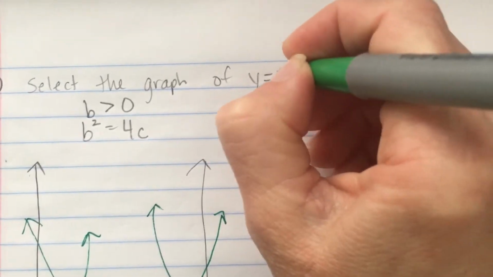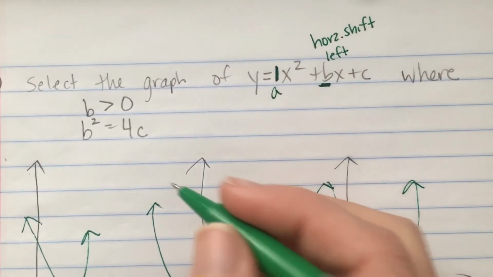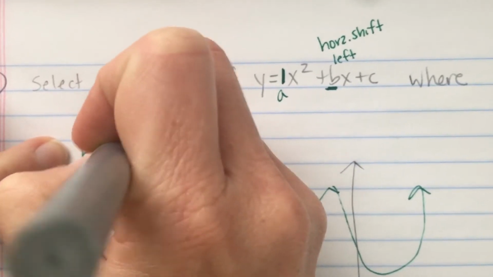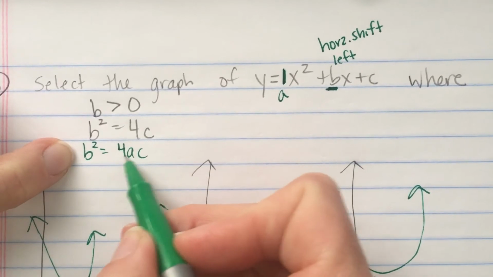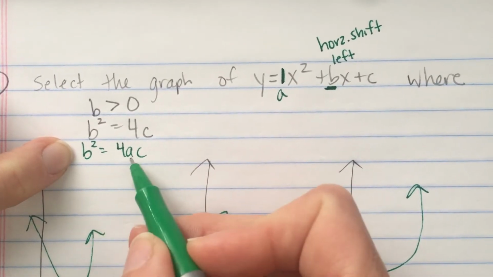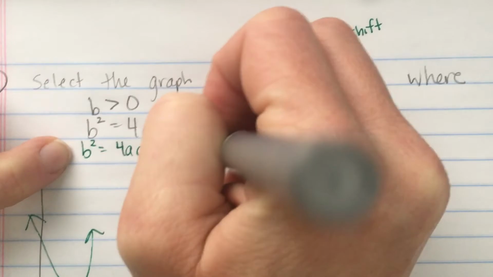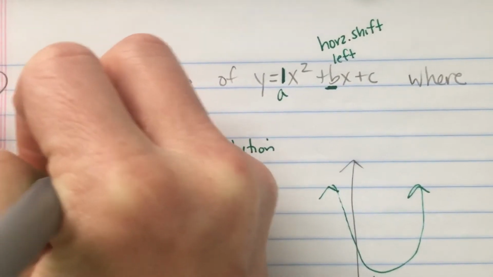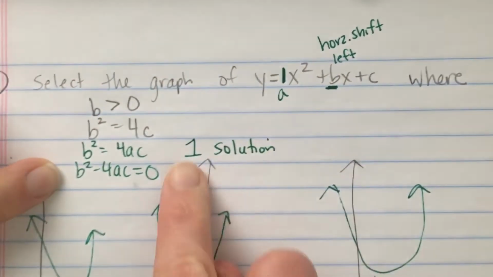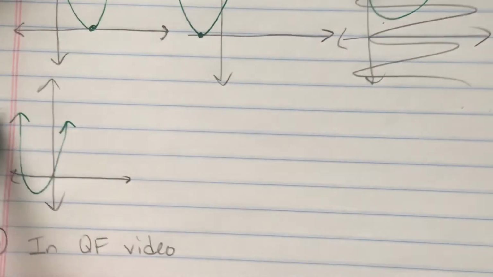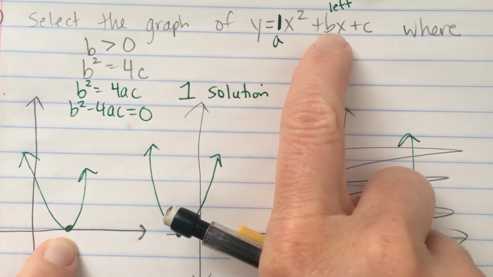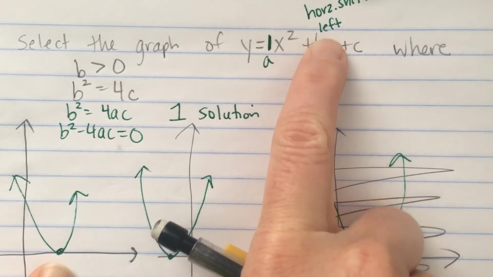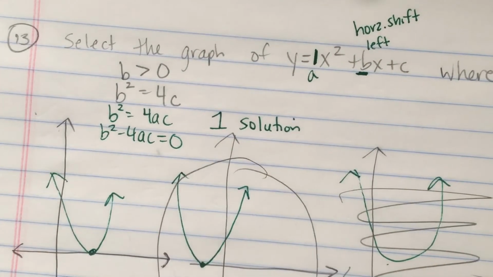Here your a value is 1, so this is the same thing as b squared equals 4ac, because 4 times 1 is just 4. So we know that means there's one solution, because you could rewrite this again as b squared minus 4ac equals 0. So it's not this graph, and it's not this graph. It's got to be one of these that has one solution. And like I said, the bigger b gets, it moves to the left. So that is that one.